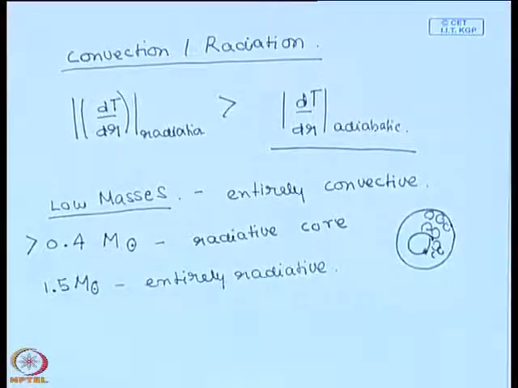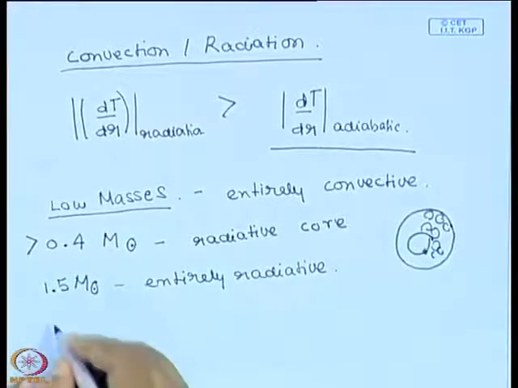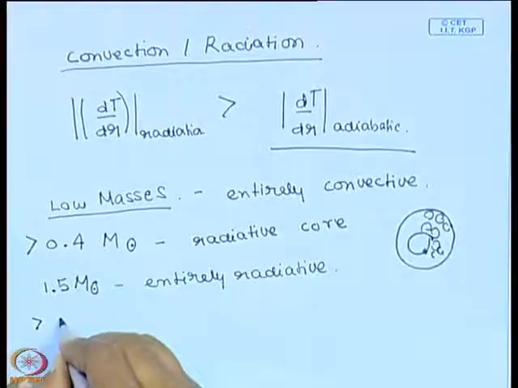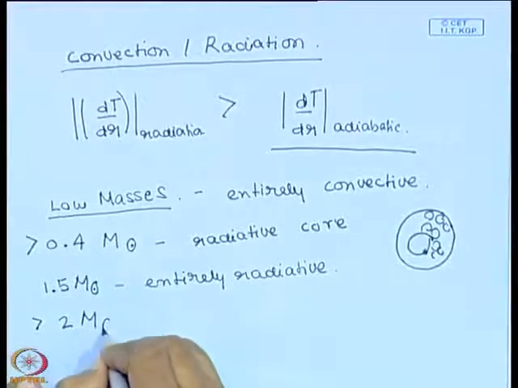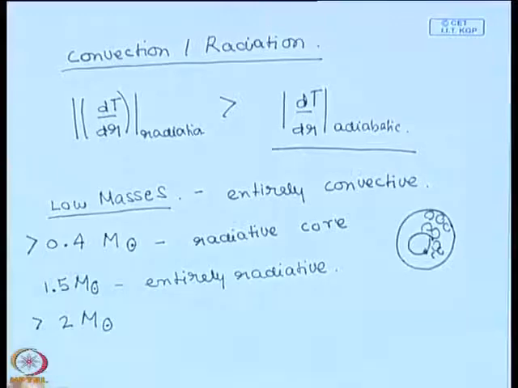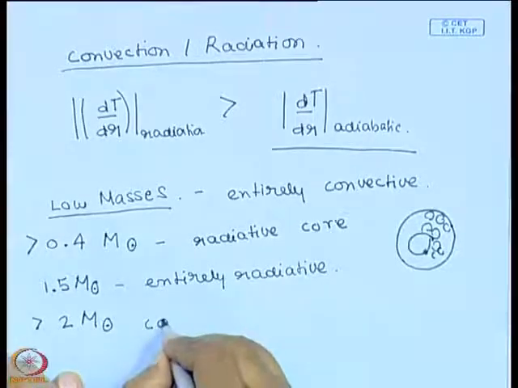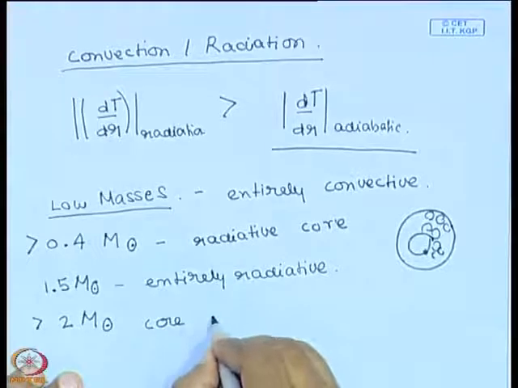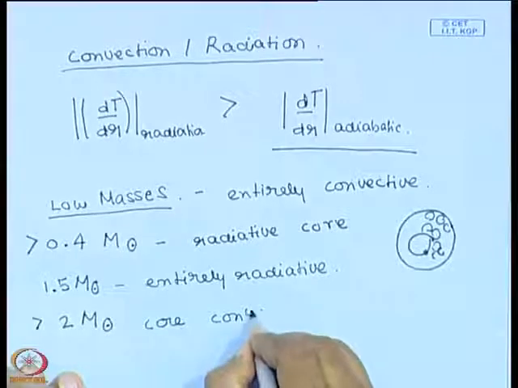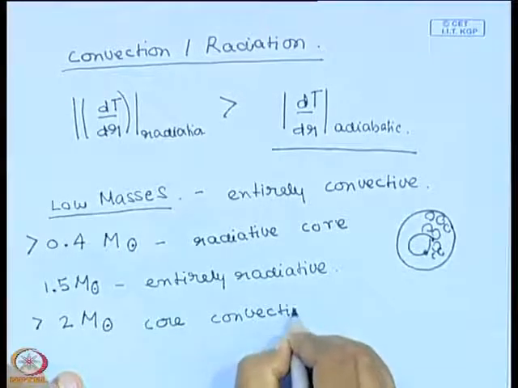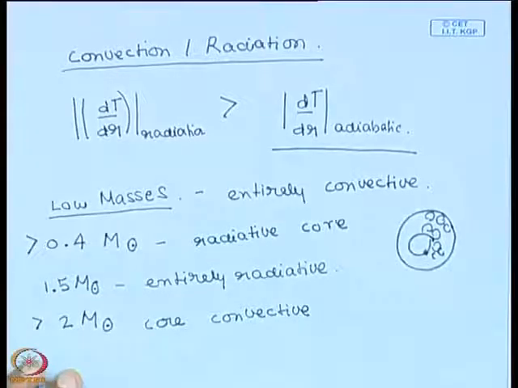So, here the energy transport is entirely radiative, and then when you cross 2 solar masses, the core again now becomes convective.